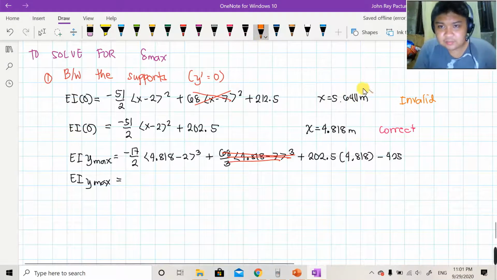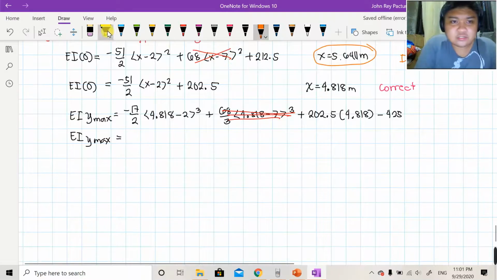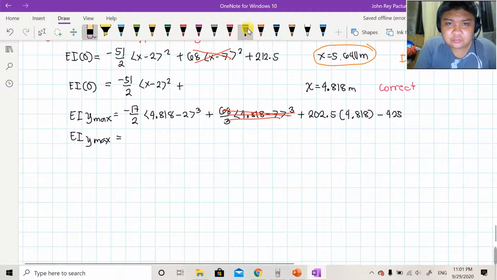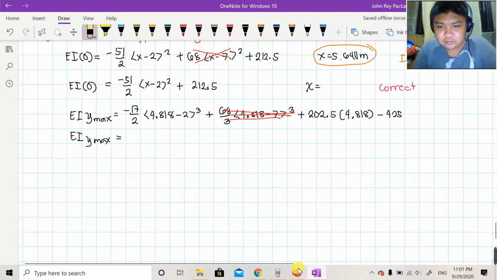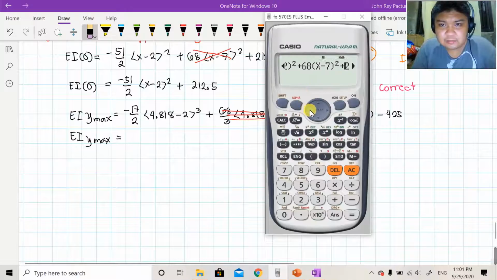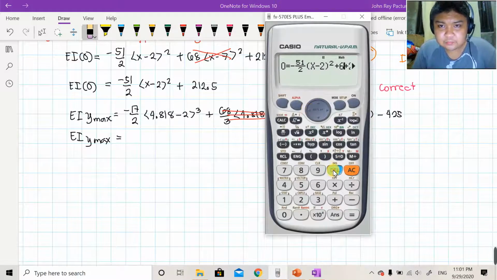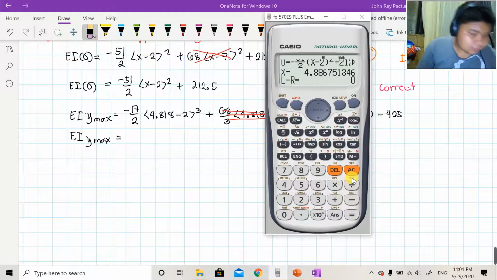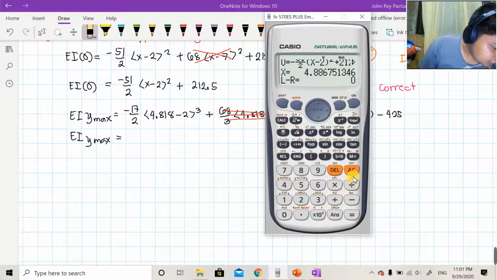So, di ba nga, still, this is invalid class kasi nga, magne-negative siya dito. So, although, pasensya na dun, no? Binabago ko lang, 212.5. So, therefore, mababago din ito. Which is, okay lang yan. Magiging madali din naman yan. So, ang sagot natin ay 4.8868 meters dapat class. 4.8868 meters. Sige.